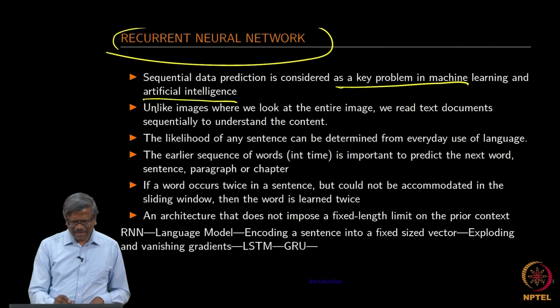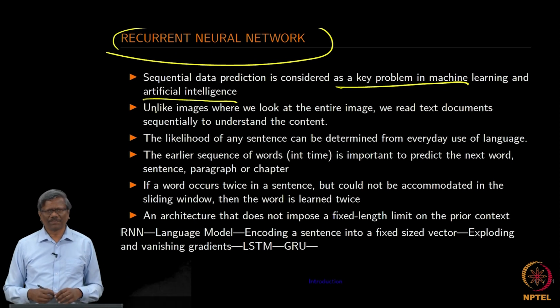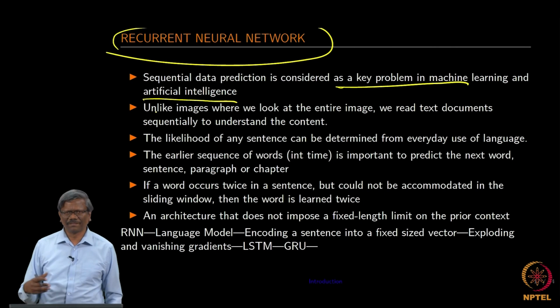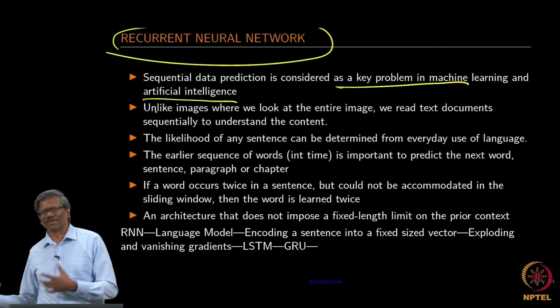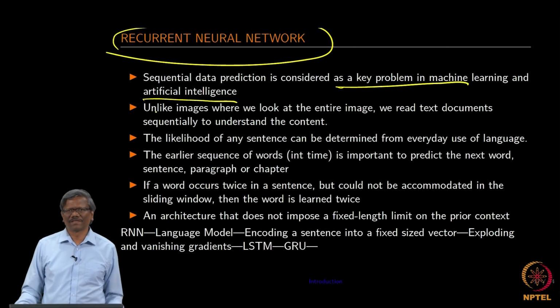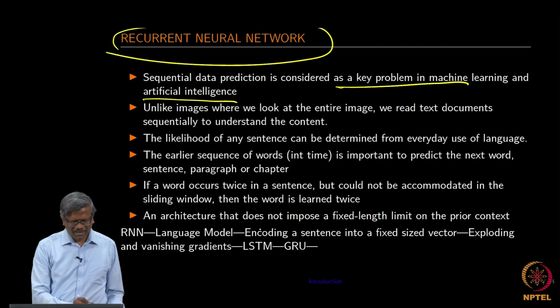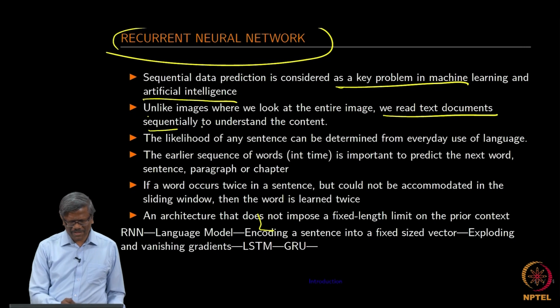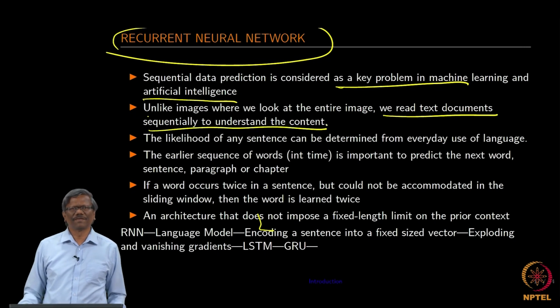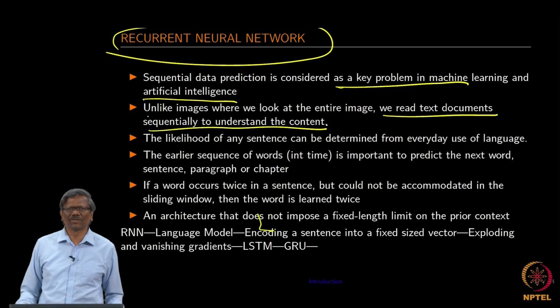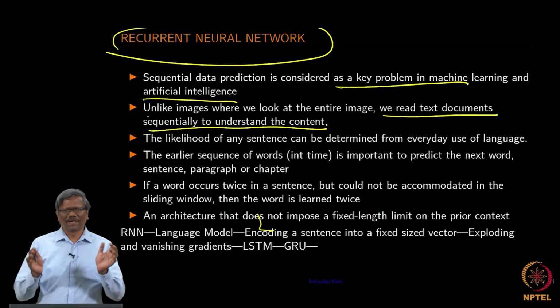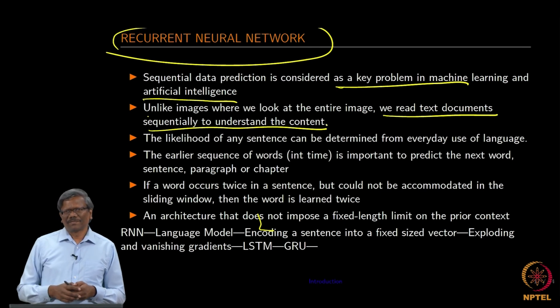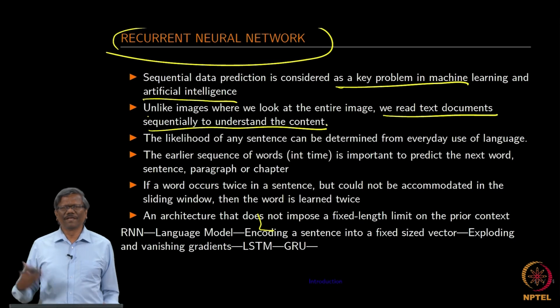So, in natural language processing, which is nothing but a string of text, a combination of sentences, a combination of paragraphs and so on, we read this sequentially to understand the content. It is very important, is it not? We can't just throw away certain words, and if the words are not in order, it is very difficult to understand.